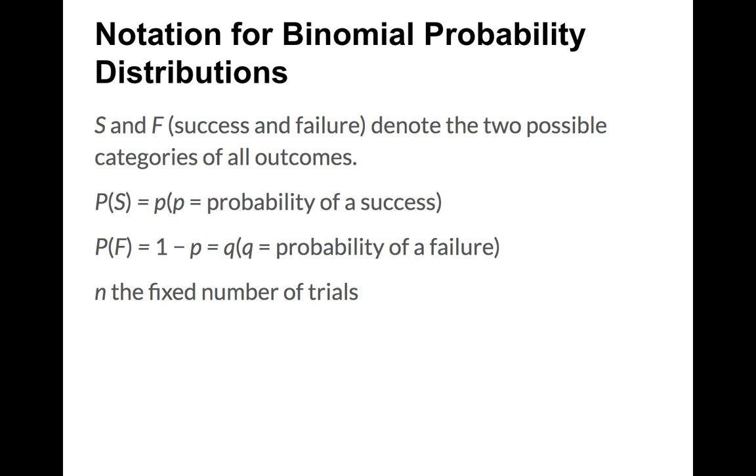So, speaking of these successes and failures, we let the probability of success be represented by this lowercase p. So lowercase p is the probability of success, where the probability of failure is 1 minus p, because they're complements of each other, and we let lowercase q represent the probability of a failure.